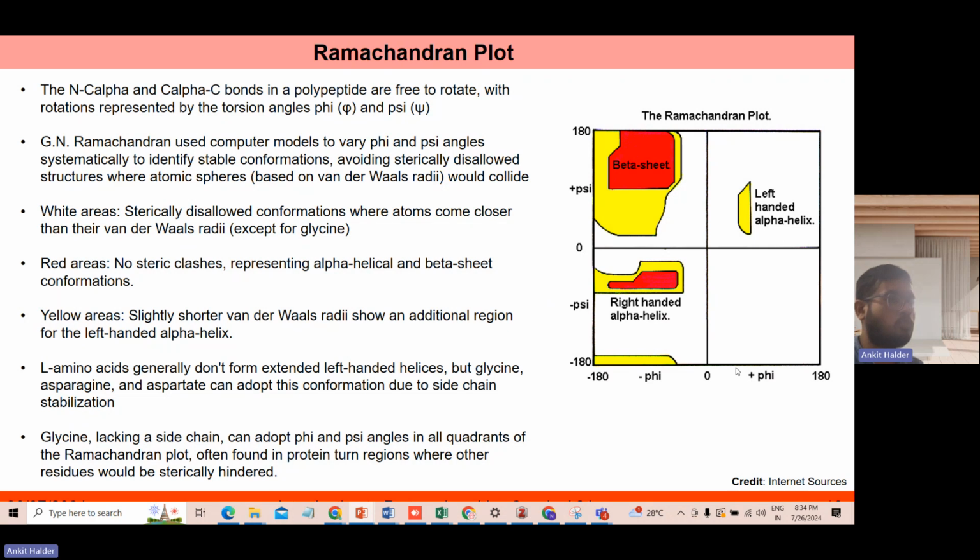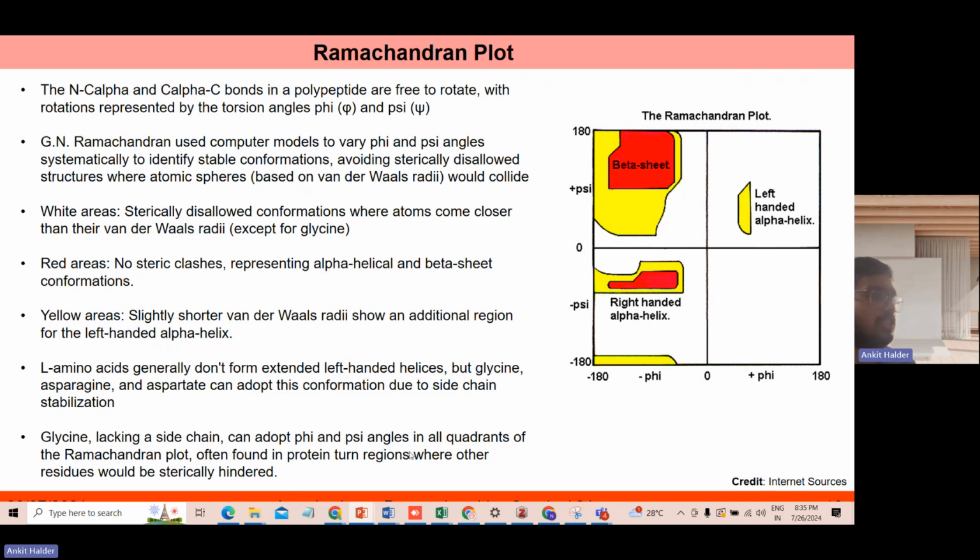Glycine, lacking a side chain, can adopt phi and psi angles in all quadrants of the Ramachandran plot, often found in protein turn regions where other residues would be sterically hindered.